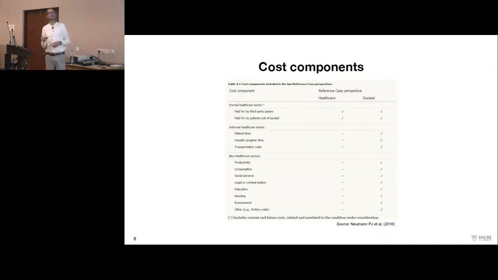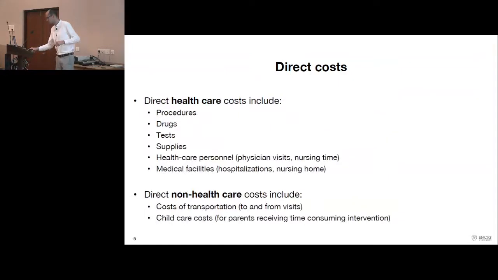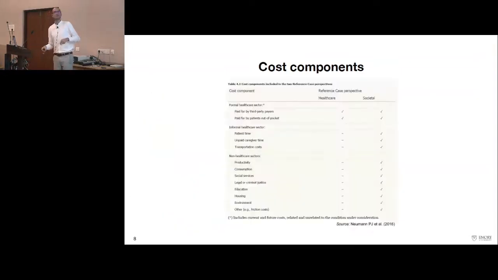You can see that the formal healthcare costs, what I called direct healthcare costs, should be included in both perspectives, healthcare sector and societal. But informal healthcare costs, which I called, what did I call them, direct non-healthcare costs, already fall out from the healthcare sector perspective.